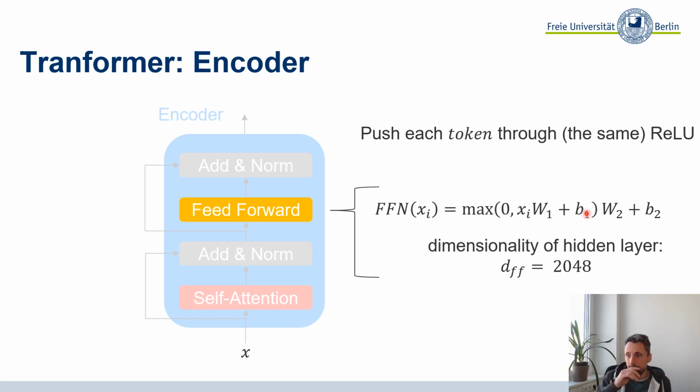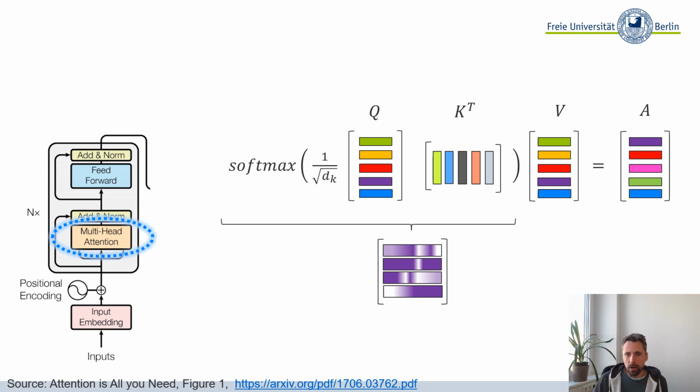Then these hidden activations are mapped back to the model dimension, so 512. And then pushed again through add norm, and we have this skip connection here as well. And that is the output of the encoder. Now the authors use six of these encoders stacked on top of each other, and then the final output is passed to the decoder, and we'll come to this in a second.